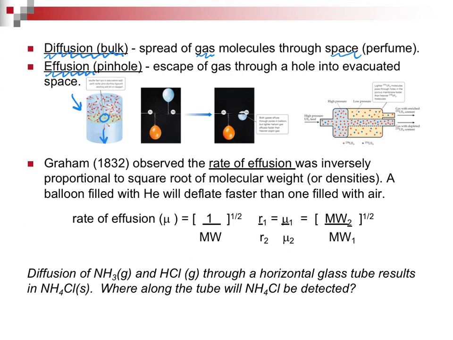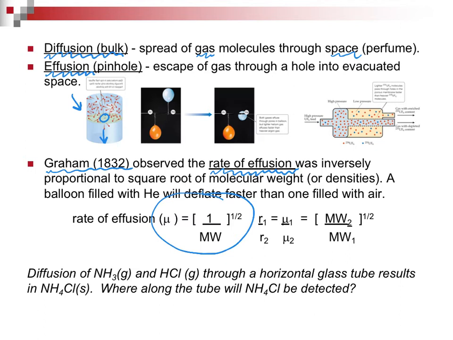So when we talk about effusion and diffusion, we bring up Graham, who did his work back in 1832. And what he saw is the rate of effusion, which happens to have the same symbol as root mean square speed, was inversely proportional to the square root of the molecular weight. So that is the relationship that he saw.